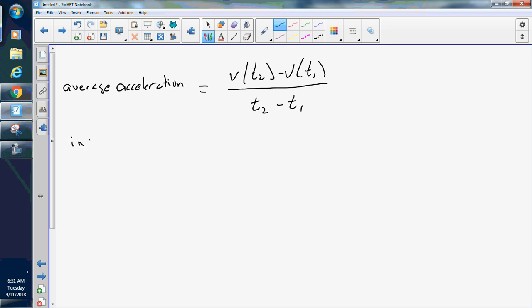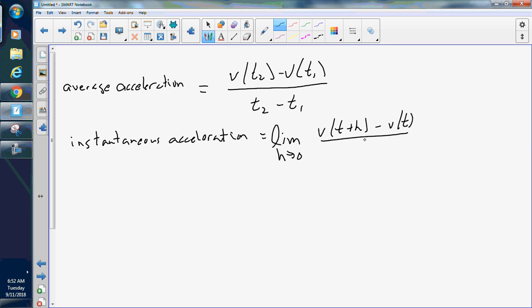If we want the acceleration at an instant, the instantaneous acceleration, that's equal to the limit as h approaches 0 of v of t plus h minus v of t over h. And so our acceleration function, a of t, is equal to the derivative of velocity, which means it's equal to the second derivative of our position function s of t.